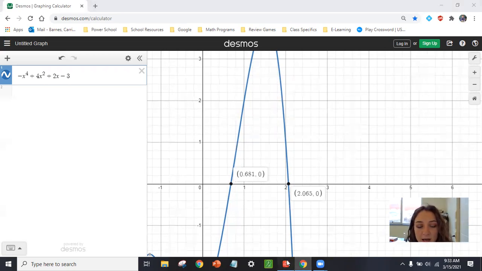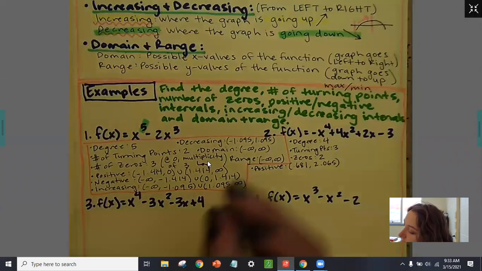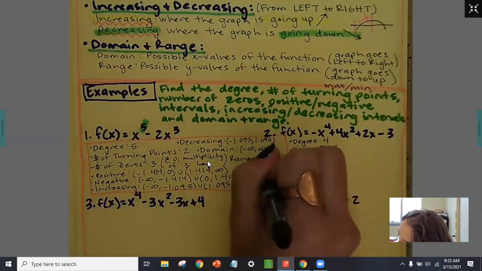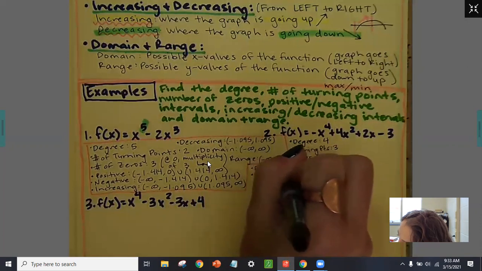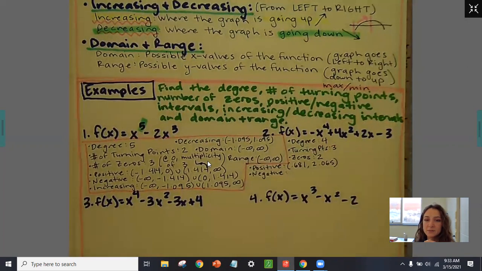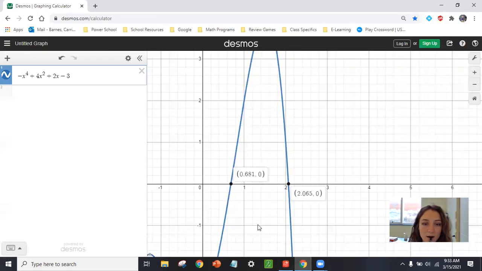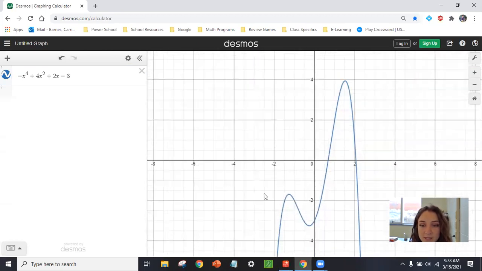All right, now we want to look at our negative interval. And again, this should kind of fill in the gaps. So let's go look. You can see that it is below the x-axis from negative infinity, because all the way over here, until this point right here. So from negative infinity until 0.681, it's going to be negative.